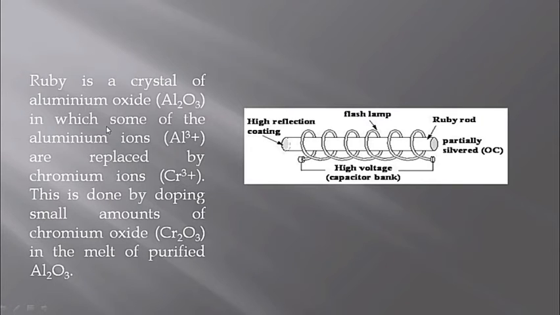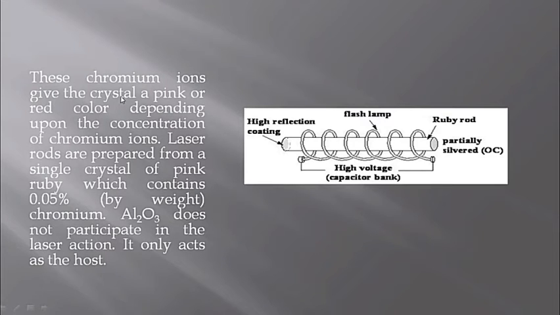So basically ruby is Al2O3, but we add Cr2O3 so that the size of Al3+ is almost the same as the size of Cr3+. The function of Al2O3 is to just act as host. We will get the laser due to chromium ions.